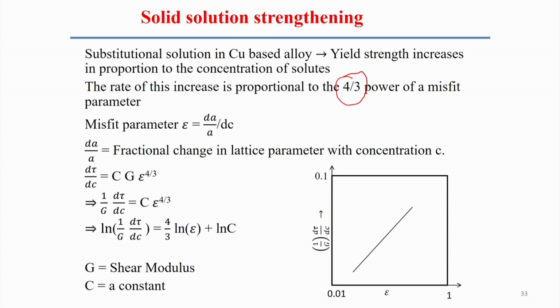So what is the misfit parameter? The misfit parameter is the ratio of the fractional change in the lattice parameter with respect to the change of the concentration. So it is dA by A divided by dC, where dA by A is the fractional change in the lattice parameter and dC is the change of the concentration.